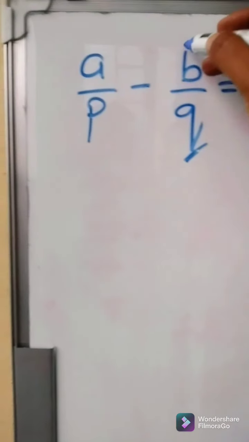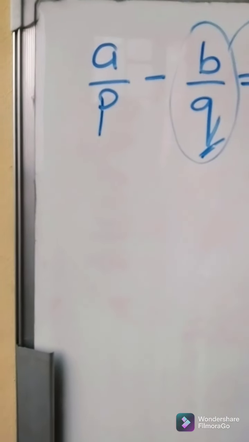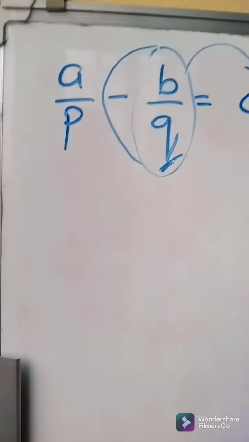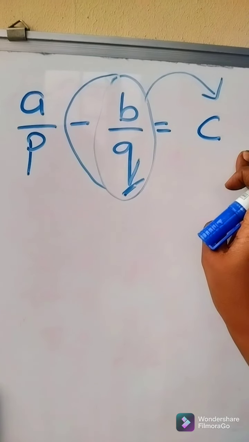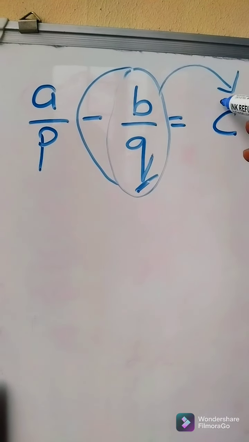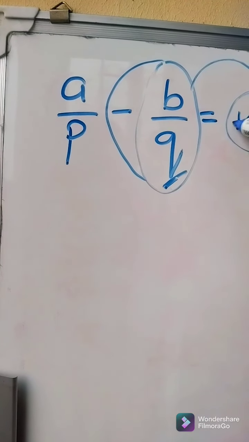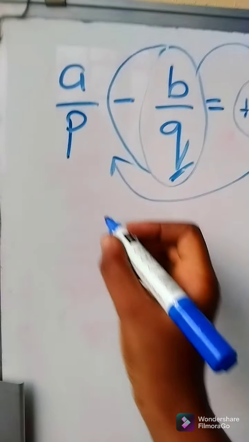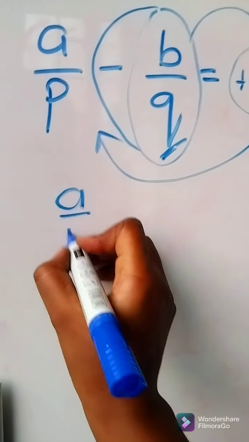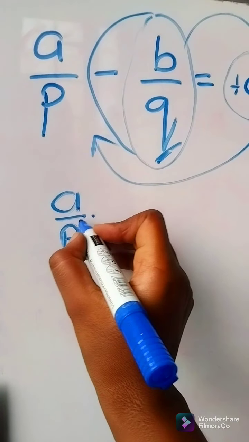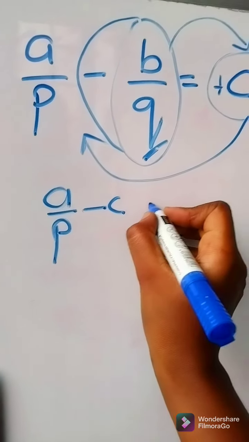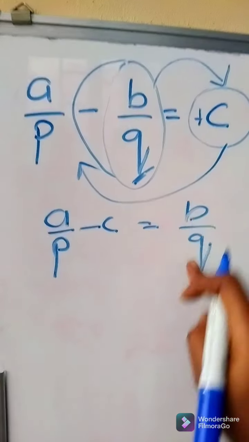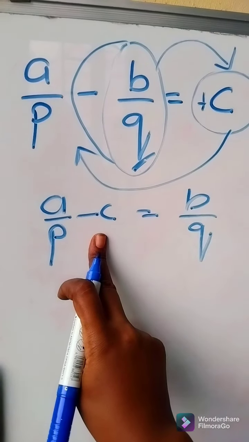So I will move this whole function to the right hand side, and because it's minus, it will become plus when it gets to this side. And I'll also move c over to this side. So we will have a over p minus c equal to b all over q. Minus turns to plus, plus turns to minus.